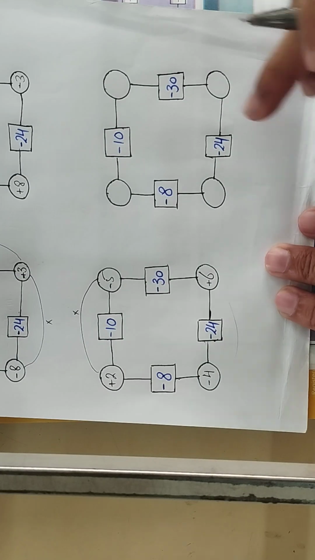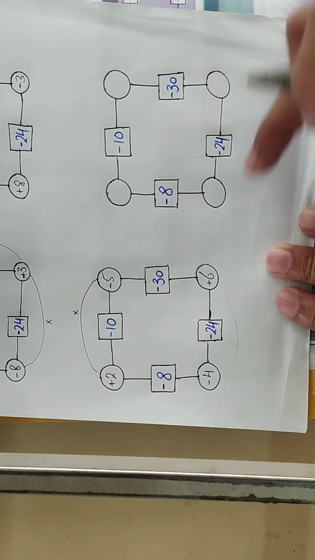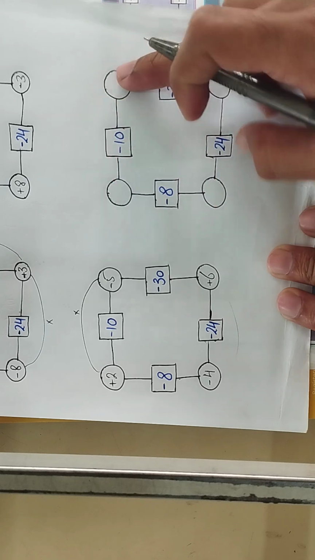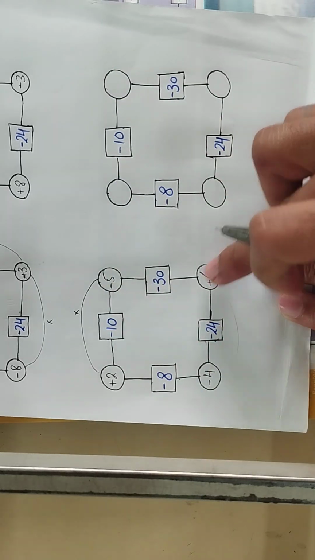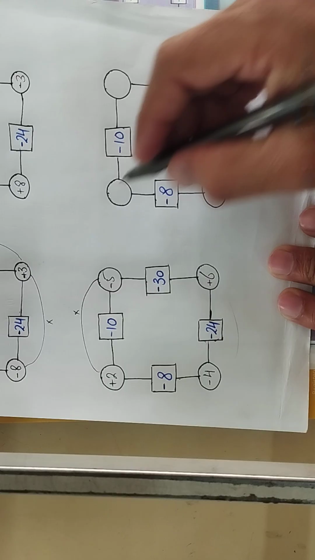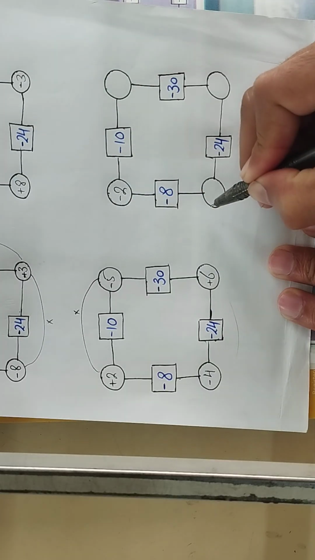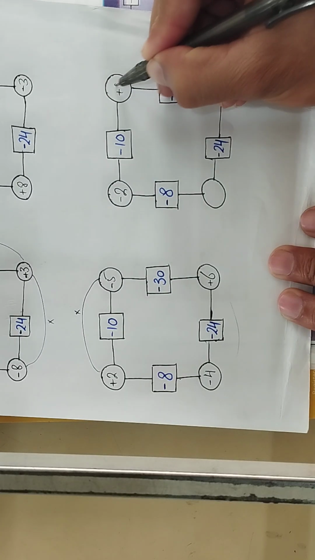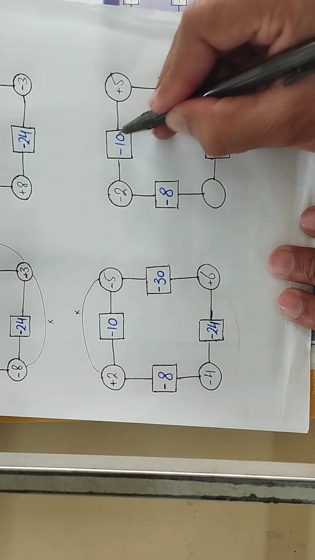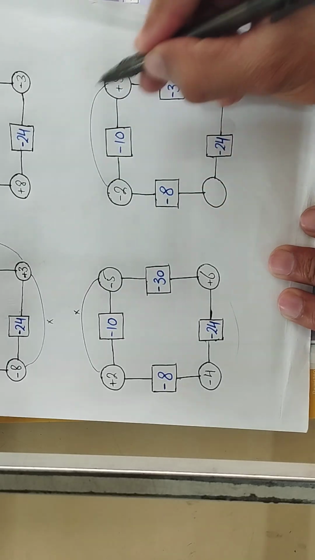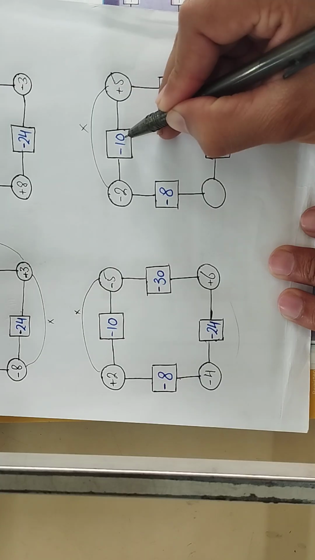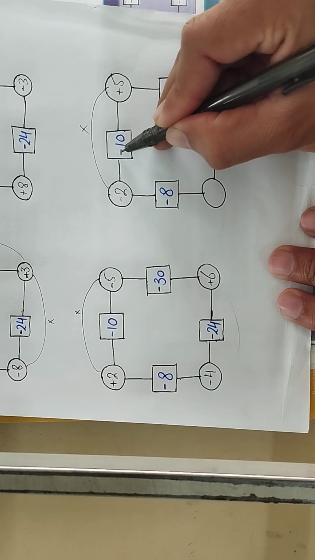Now we have another possible answer. We can fill these circles by flipping the sign of these integers. If we write this one as minus 2 and this one as plus 5, again we have minus 10 in this circle. You can see that 2 fives are 10 and minus multiply plus is minus.